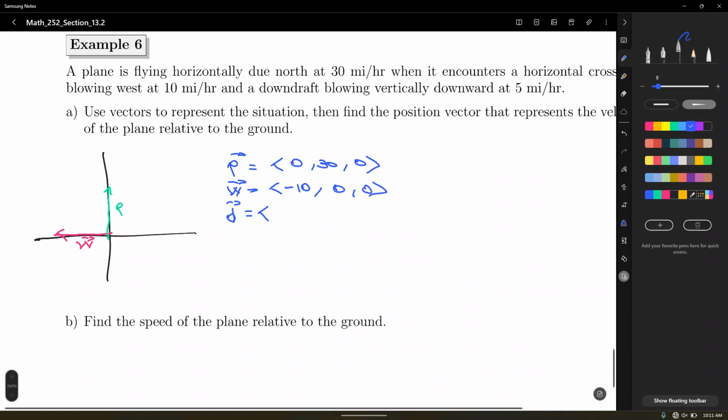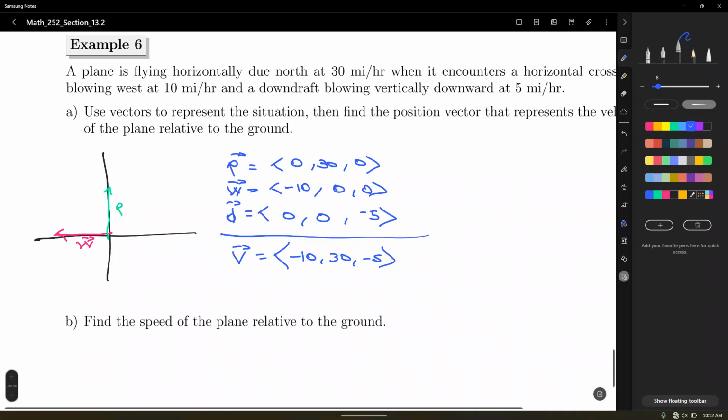What's next? The downdraft is 0 for the first two components and -5 because it's going down the vertical. We'll also find, let's call V our resultant vector. So just add these three vectors together. There's nothing too crazy here. That's (-10, 30, -5).